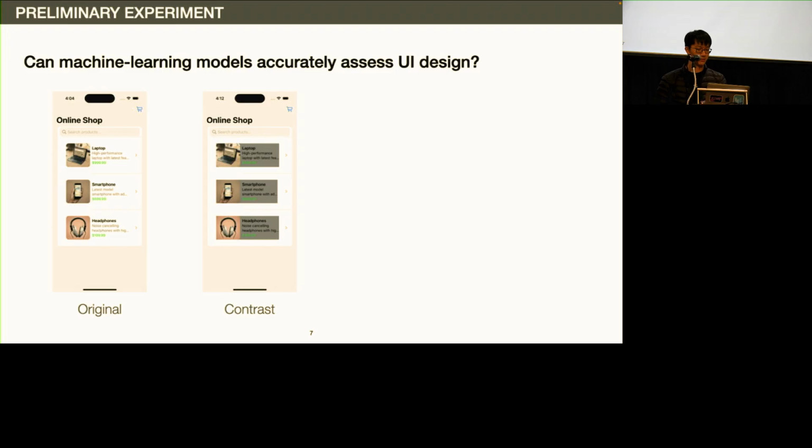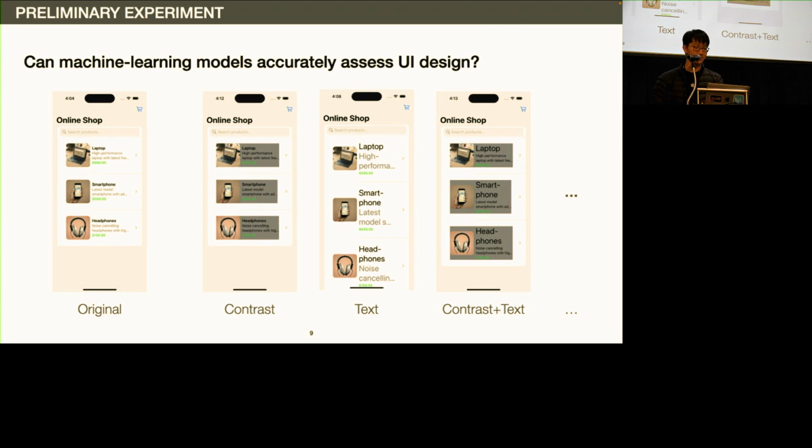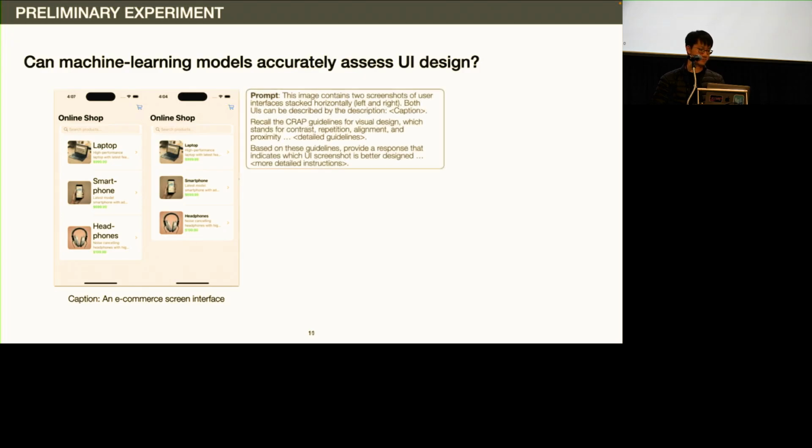So here's one with a poor contrasting background that makes text hard to read. I can also introduce other defects, like increasing the text size too much so that it causes line overflows. Or I can even mix these two together and generate more combinations. Then we can check and see if LLMs or various other models can identify which screenshot is better. And in this case, it should be the original one.